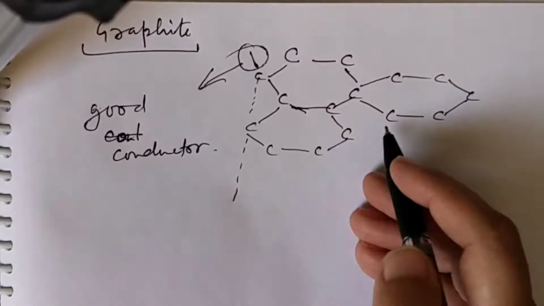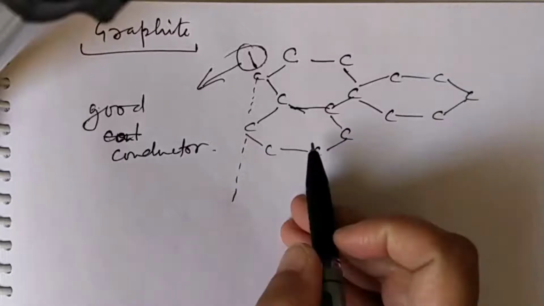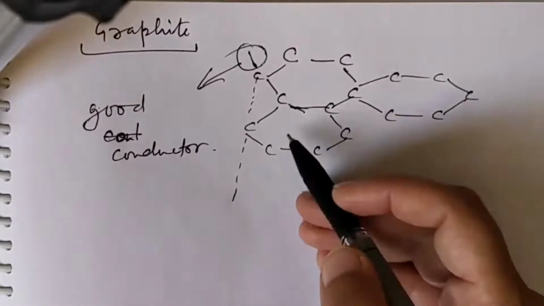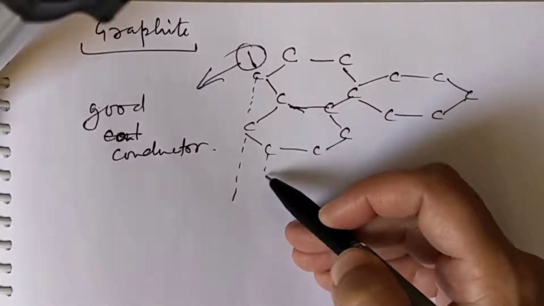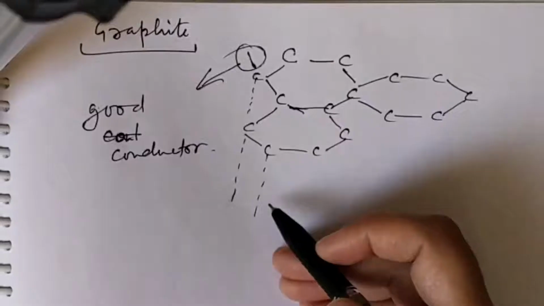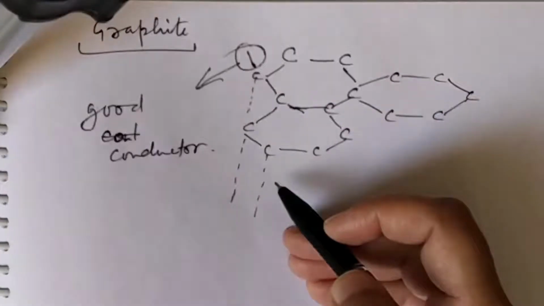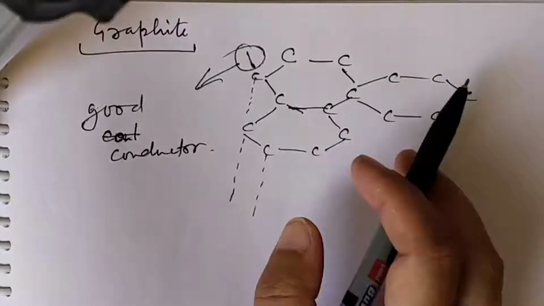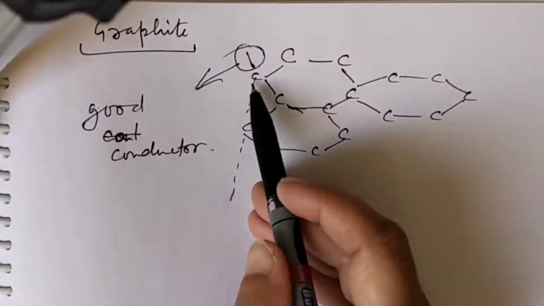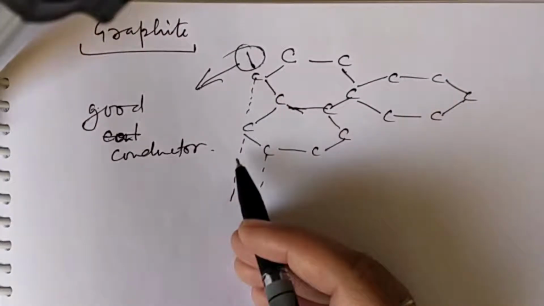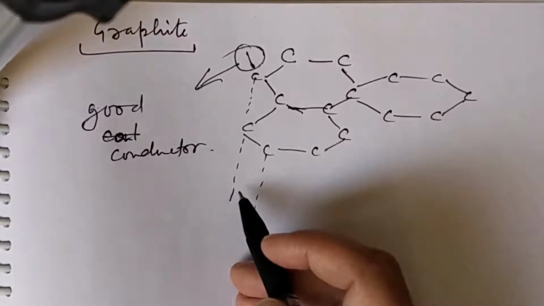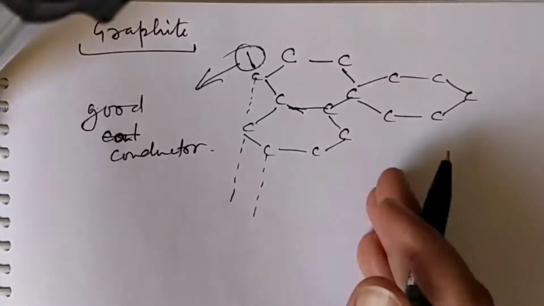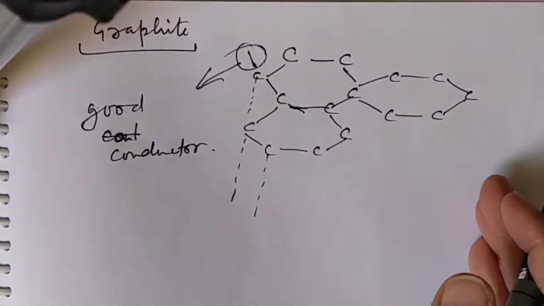These layers are held together by weak forces of attraction, and like we have shown here with the help of dotted lines, these dotted lines show that three valencies are occupied for each carbon atom, and they represent the weak forces of interaction between each layer of carbon atoms.